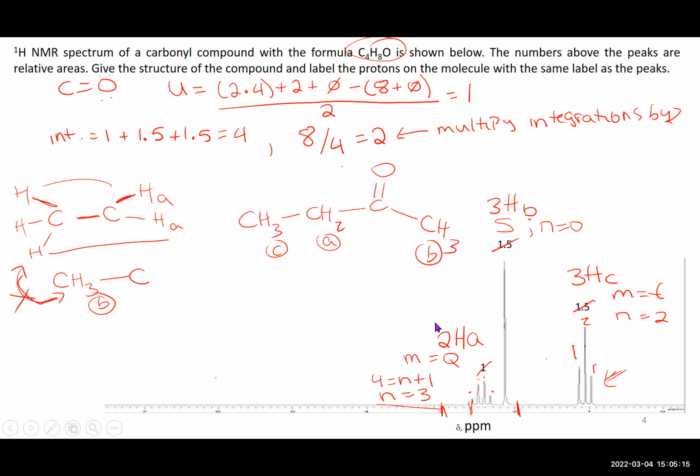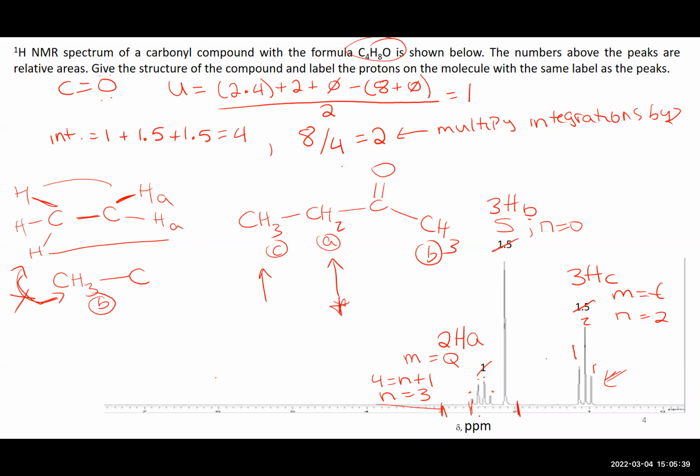It's good to double check the multiplicities and the integration. So I should have a peak with an integration of 3 split into a triplet. I have that, with a chemical shift that's pretty upfield, I have that. A peak with an integration of 2, I have that, and it's split into a quartet by 3 neighbors, right? That's this peak here.